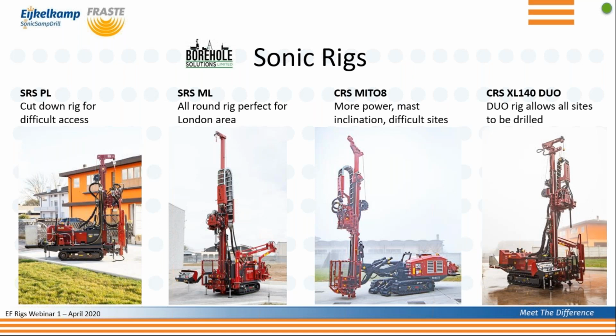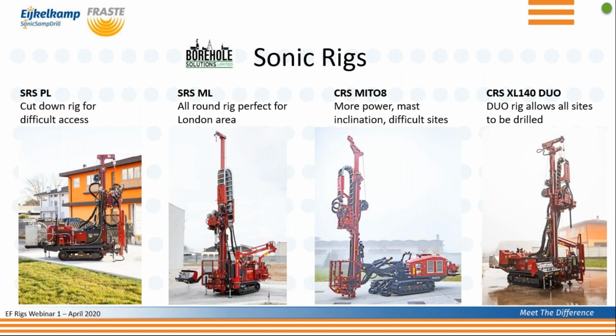Anything a cable percussive rig can do, the ML can do better, faster, quicker and cleaner. And it's narrower, and you get into tighter spots. So again, it is replacing a lot of our cable percussive sites where we have multiple holes to drill, because we're quicker and faster with this method, and we get more or less 100% recovery at all times.